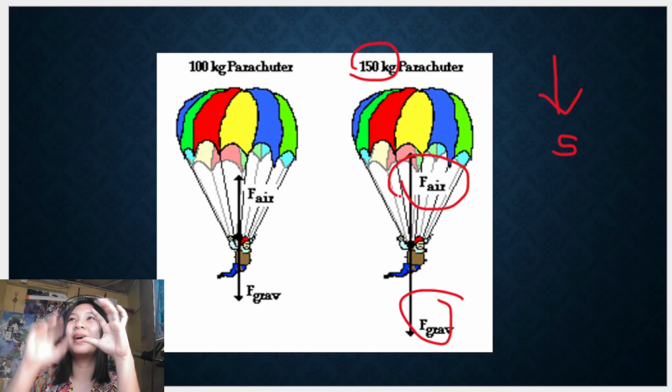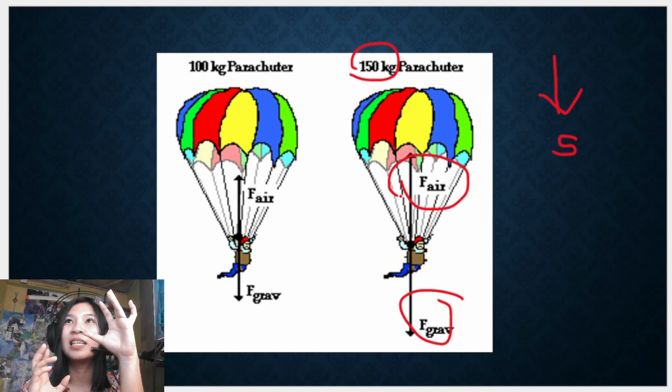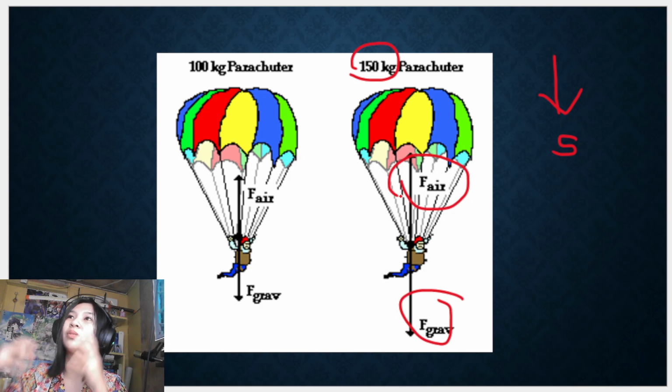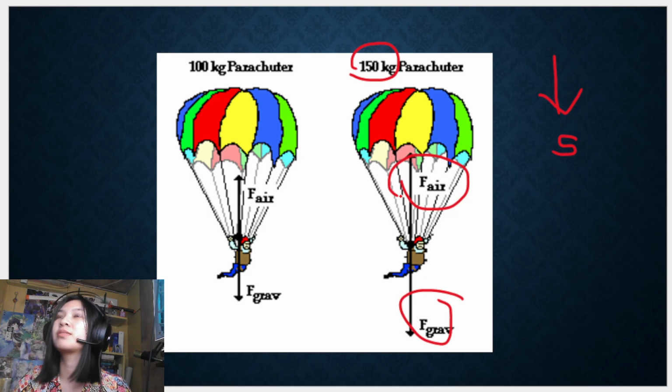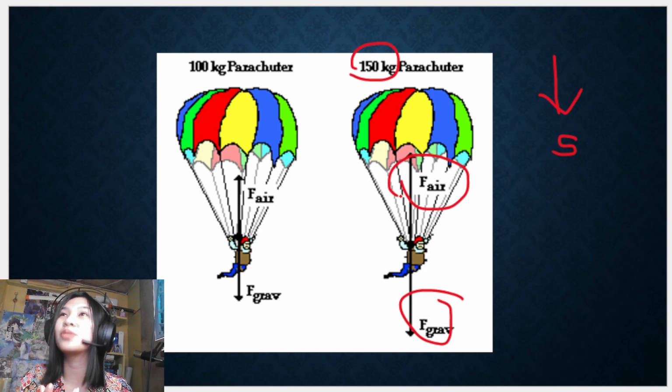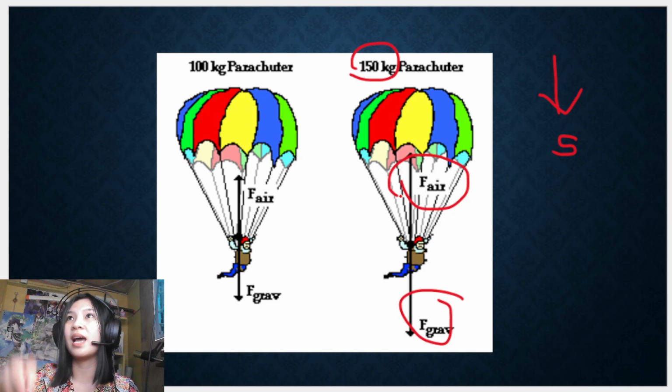So because what they need to balance is bigger, they need more speed, a bigger speed just to reach that force. So the more massive the object is, the bigger the force it has to balance. So what will it do? It will increase its speed. That's why the massive object lands faster, because it races to balance the forces.